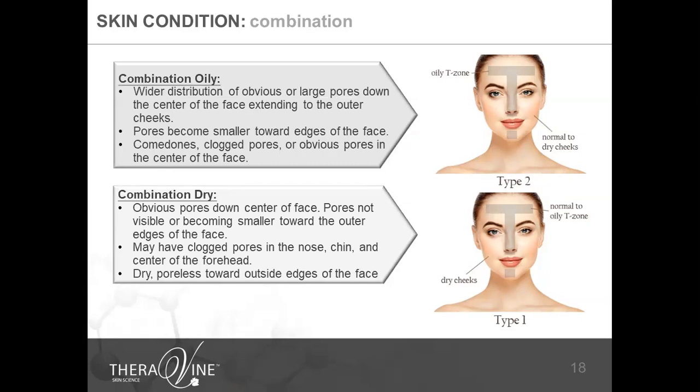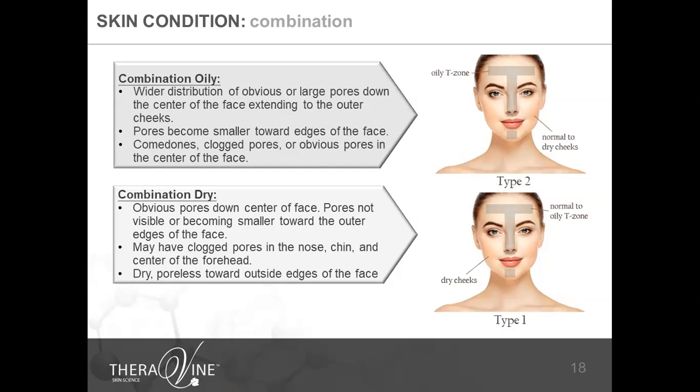You'll find comedones, clogged pores, or obvious pores in the center of the face. So on the T-zone, you'll find enlarged pores, and even on the inside of the cheeks, you'll find enlarged pores as well. So it's quite a wide, oily skin.